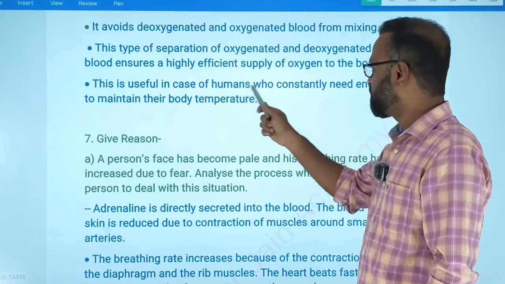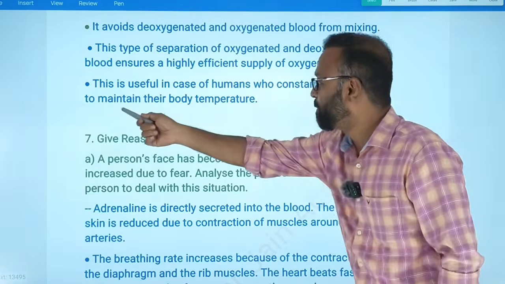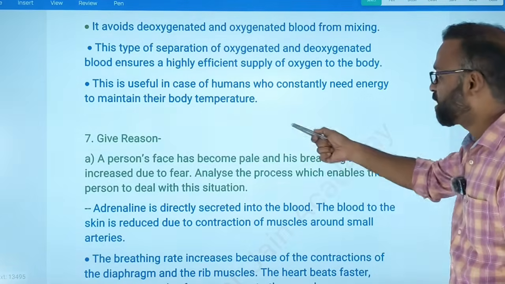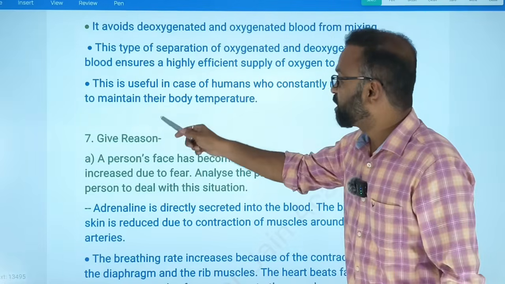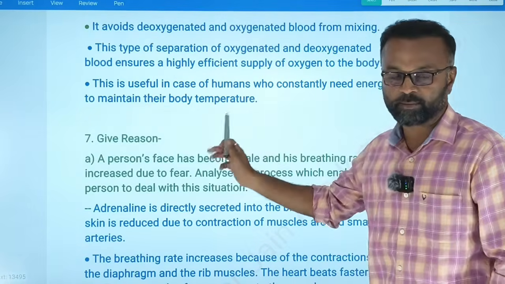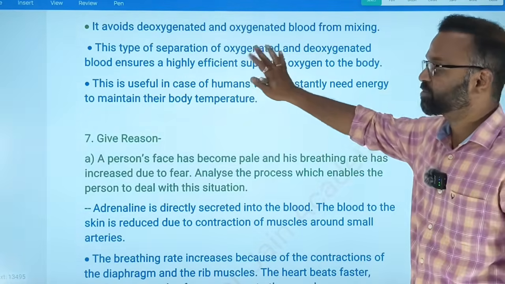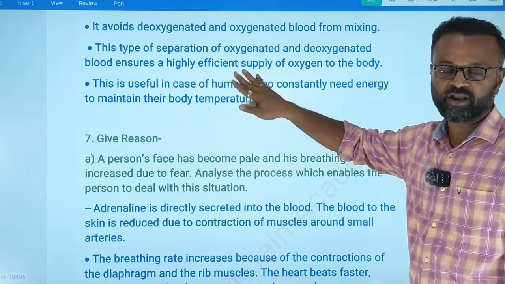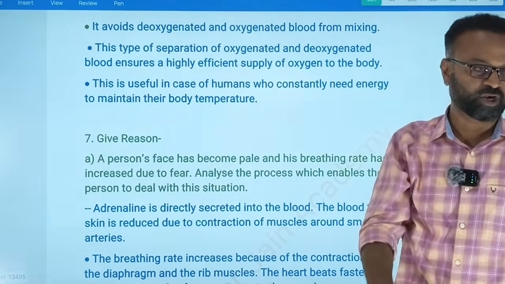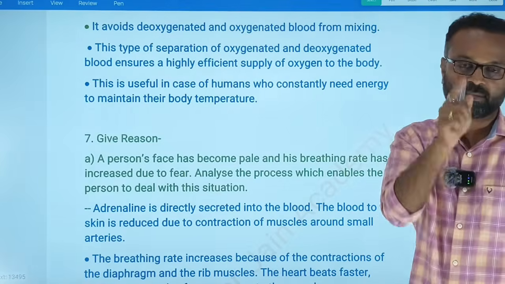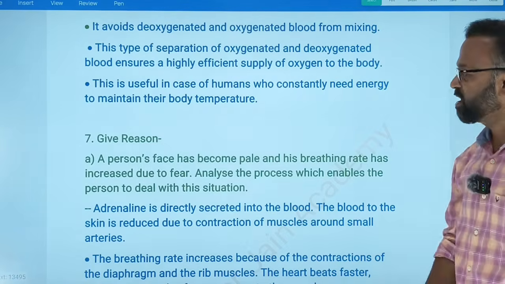This is useful in the case of warm-blooded animals who constantly need energy to maintain, very important, constant body temperature. One way or other, they will ask this question. Let them ask any sort of twisted question. We should know the concept, then definitely we can write the answer.